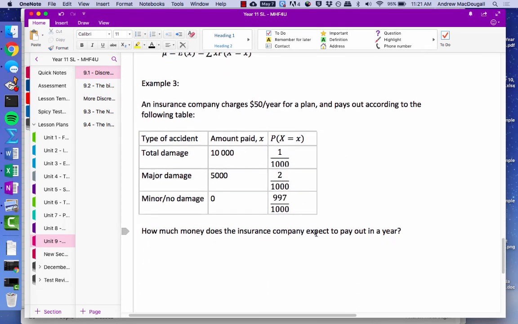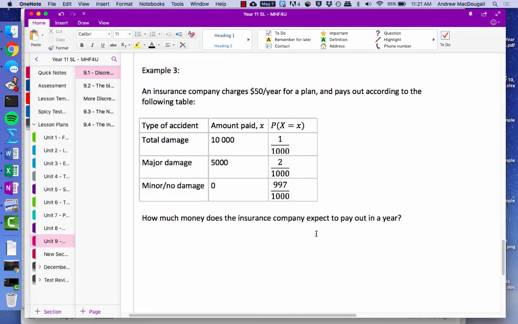Okay, let's do one final example. Now we're going to look at insurance. So here's an insurance company. They charge $50 a year for a plan, and they pay out according to this table. If you have a serious accident and you suffer total damage, they'll pay you $10,000. And according to their research, only one in every 1,000 insurance claims is this type.